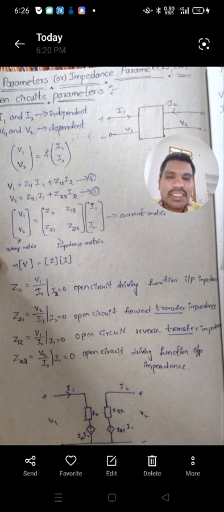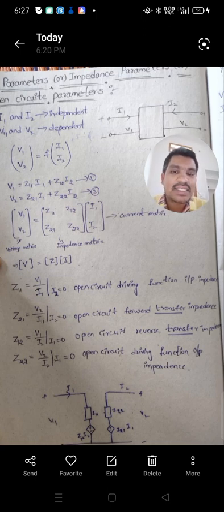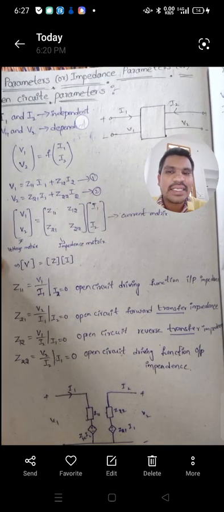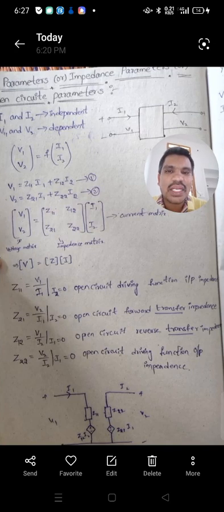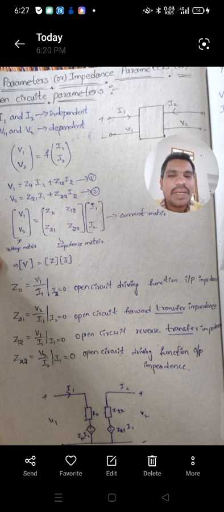So from the matrices we write: the voltage matrix V is equal to the product of the impedance matrix and the current matrix. Now we will find the impedances Z11, Z12, Z21 and Z22. We consider two important conditions: I1 and I2 are independent sources and V1 and V2 are dependent sources.